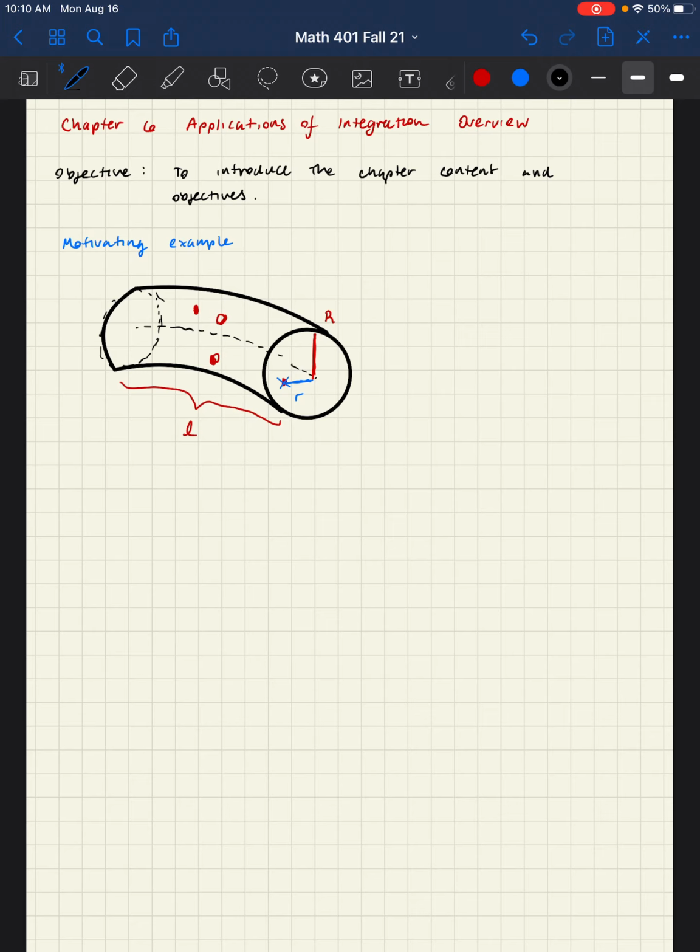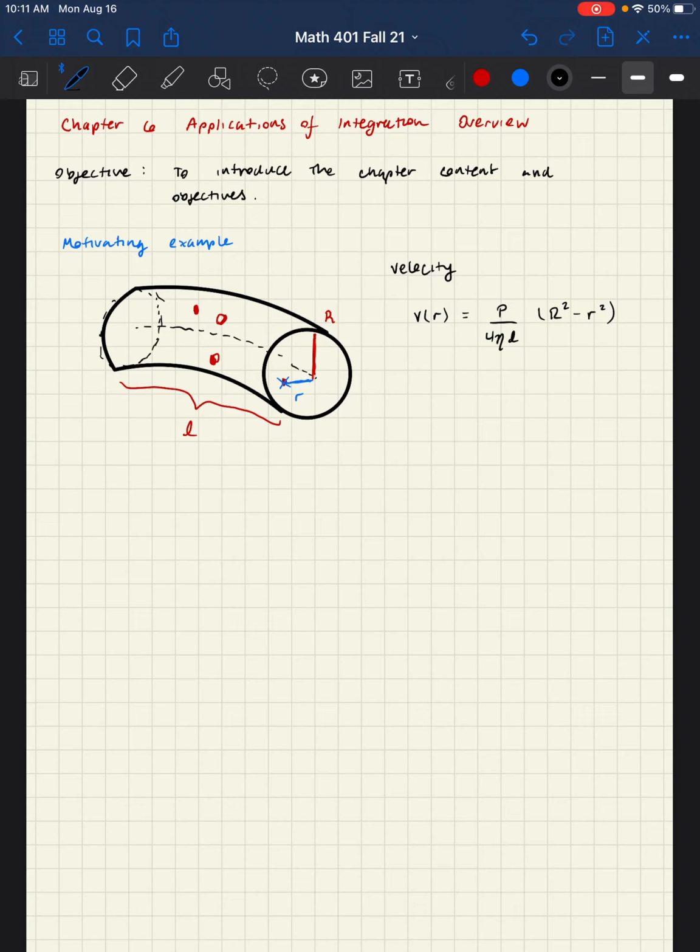In this particular example, which we're going to talk about in much more detail in a later part of the chapter, the velocity of the blood at that point is given by v as a function of little r being capital P over 4 nu L times capital R squared minus little r squared.